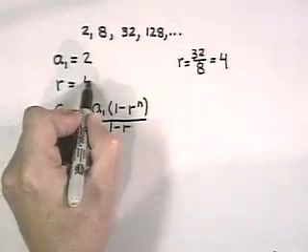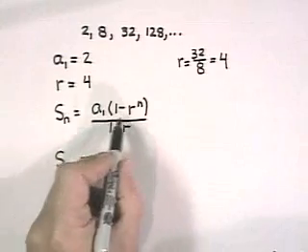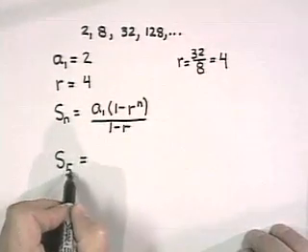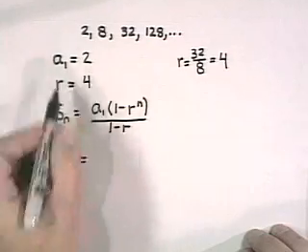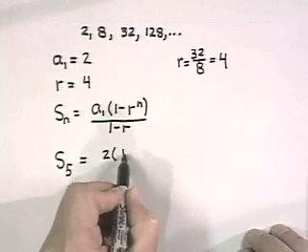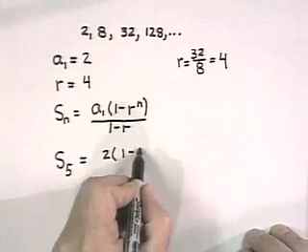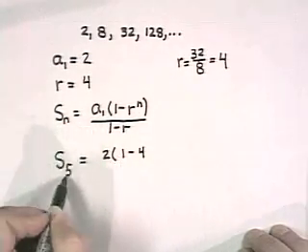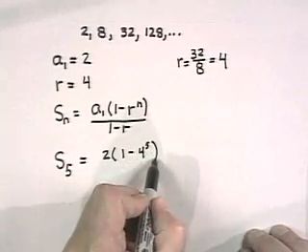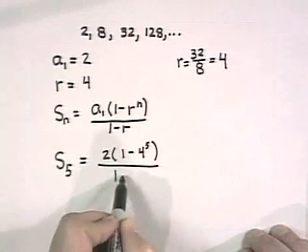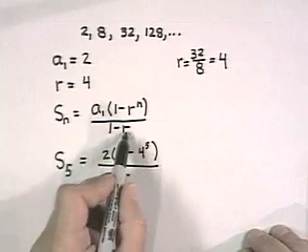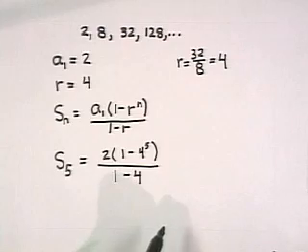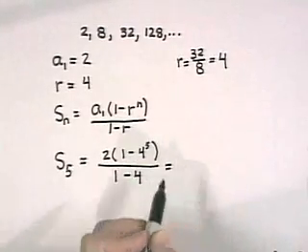Now we'll go back and substitute into our formula. S sub 5 equals a1 times 1 minus r, which is 4, to the n power, which is 5, all over 1 minus r, which again is 4. Now that arithmetic will give us what we need for our final sum.